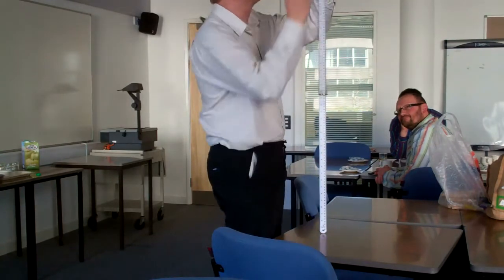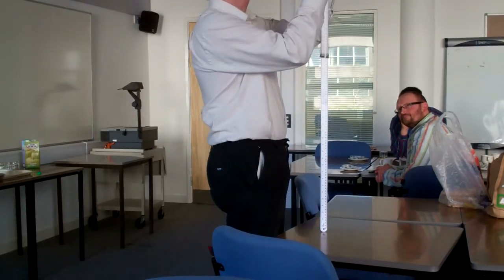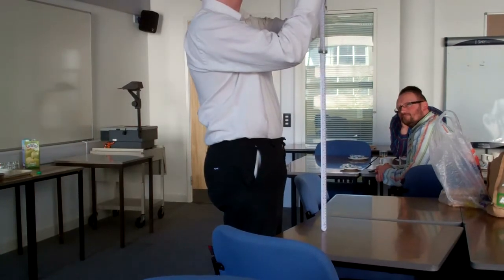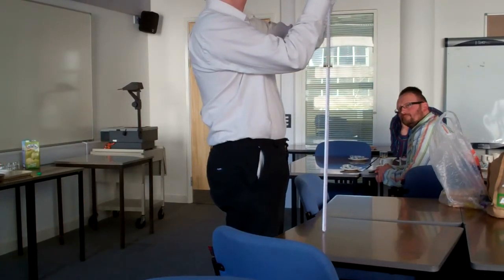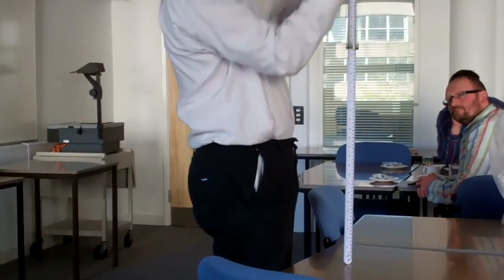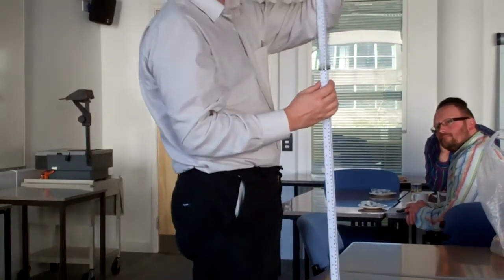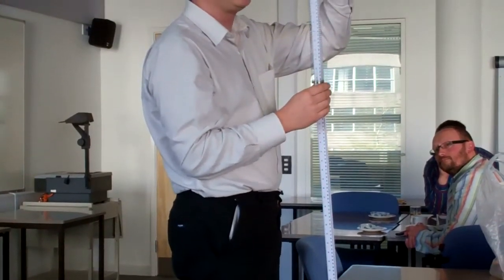I probably got a bit of paper the wrong way around for the meter rule, but you might just need to steal a couple of coils at the top. There you go.